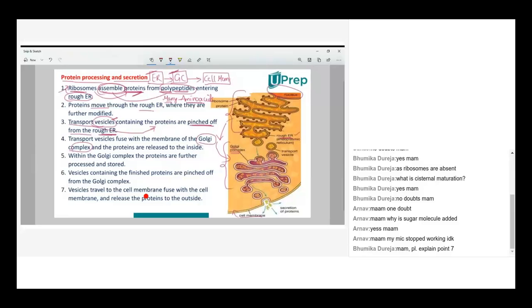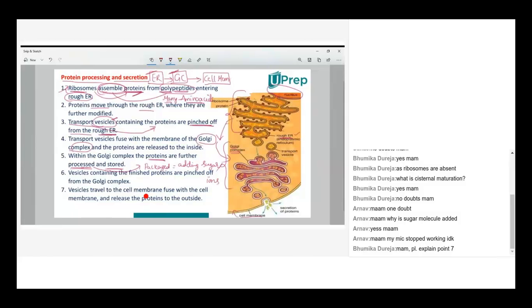So in the Golgi complex, the proteins are processed and stored. Processing here is nothing but packaging. Packaging is nothing but adding sugars to the proteins so that they'll go to a particular destination. In some examples of protein molecules, not only sugars, some ions also will be added.